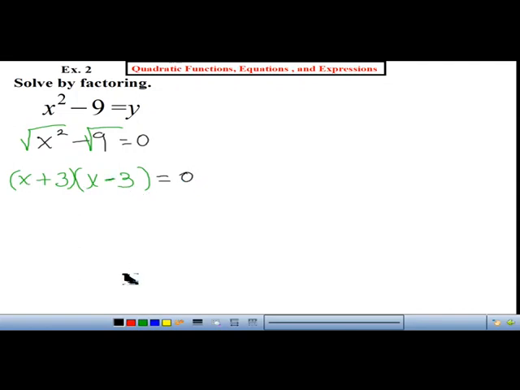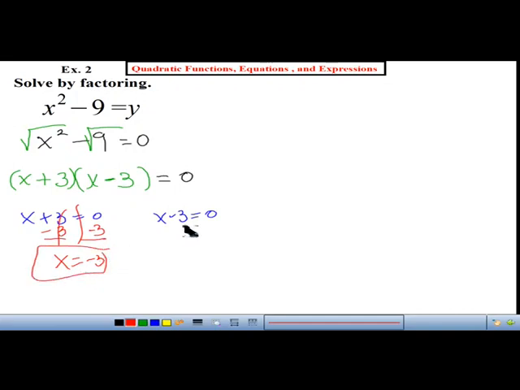And we've been doing these with the excluded values, right? So what would I do next? I would write x plus 3 equal to 0, x minus 3 equal to 0, and I solve. Minus 3, x equals -3. Plus 3, x equals 3.